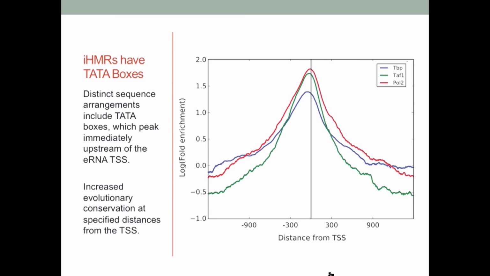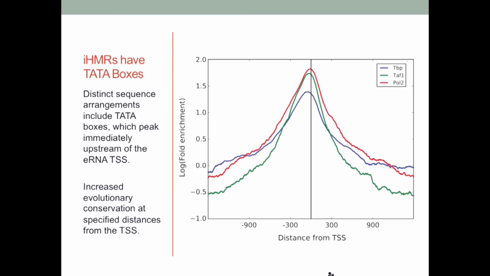A lot of people have found that it's very difficult to find a real TATA motif at most promoters. But we looked for strict TATA motifs, and we found a pretty good enrichment of TATA motifs corresponding to the TSS of the eRNAs produced from these sites.